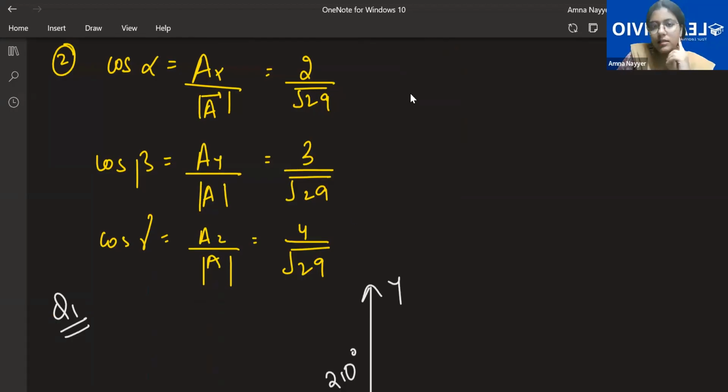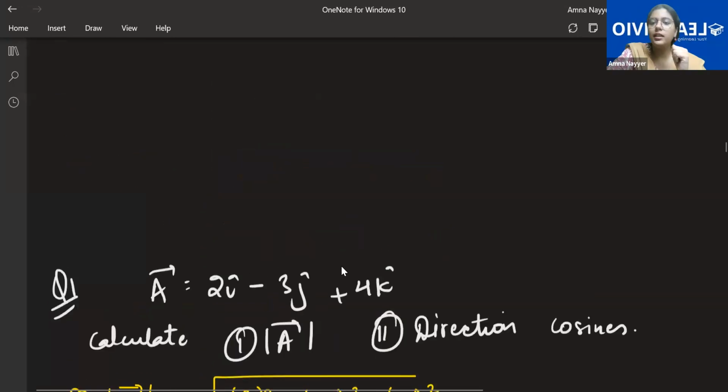See, when you square these and add, it will be 4 by 29 plus 9 by 29 plus 16 by 29. 4 plus 9 plus 16 is again 29. So 29 by 29 is 1. Right? This is what we did here.